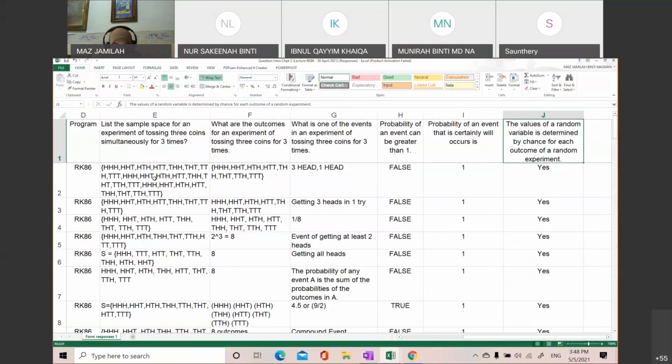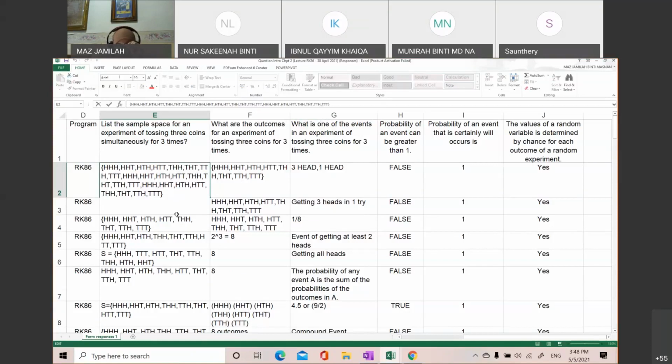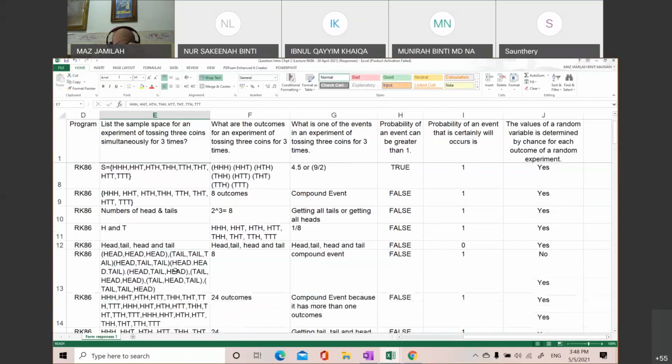For example, this student came up with a list of the sample space for tossing 3 coins 3 times. Second sample space, most of you wrote this particular sample space. Is it correct or is it wrong? Some of you say number of heads and tails. Definitely this is wrong.